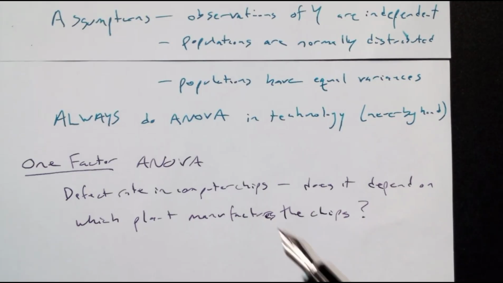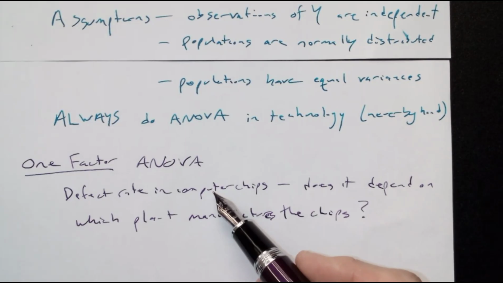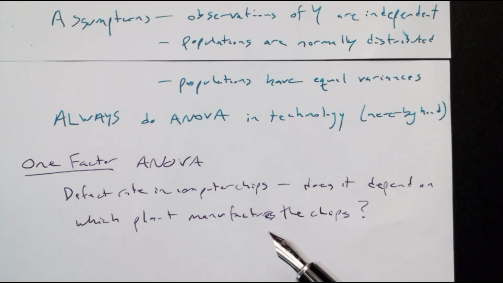I have a numerical response variable, that's my y, and I have a categorical variable, that's my factor. There's only one thing I want to know: does it depend on which plant manufactured the chips? That's why I say one factor.